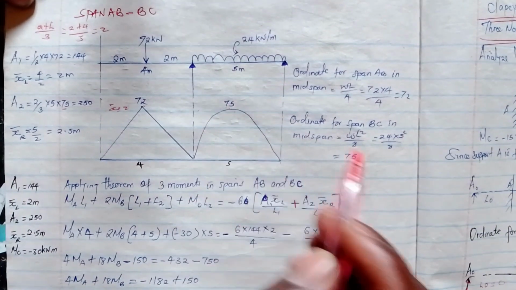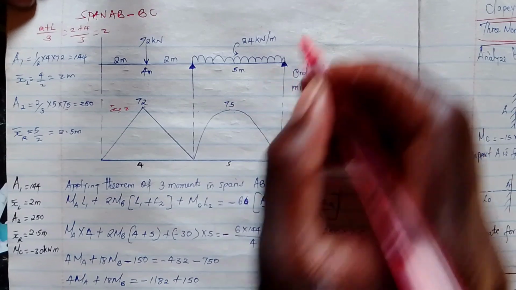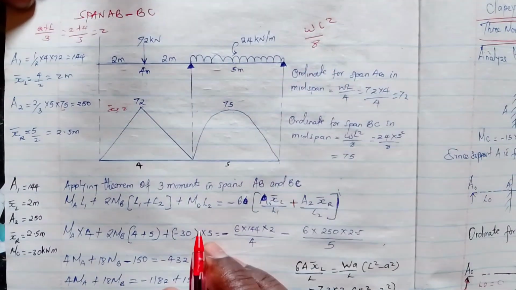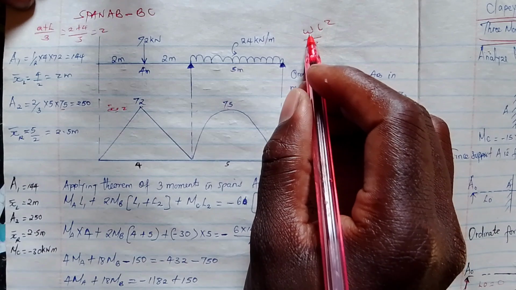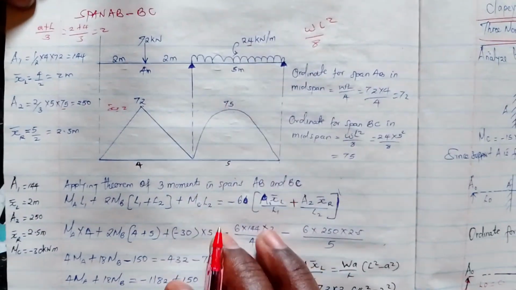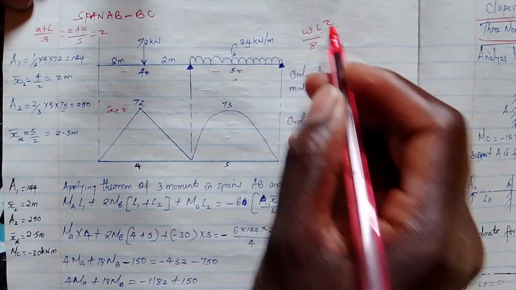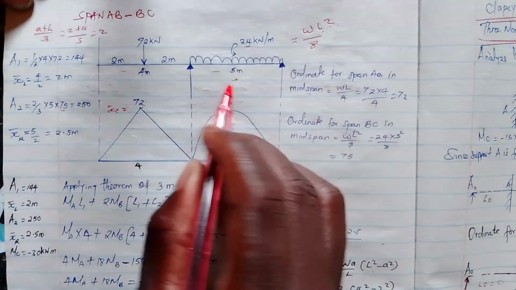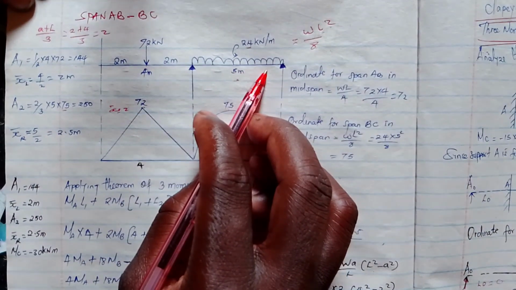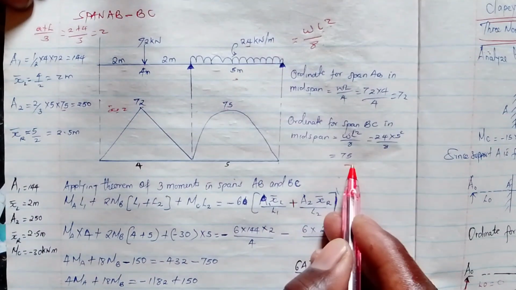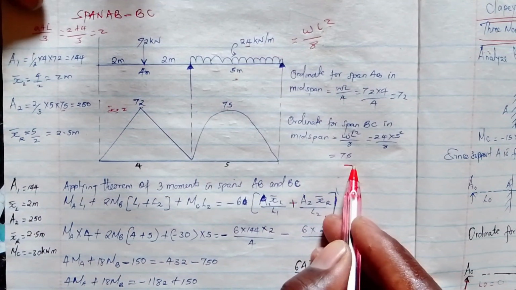This is the formula: WL square over 8, where W is this radial times L, this distance, square over 8. So this is the formula for calculating BC, and we got 75.